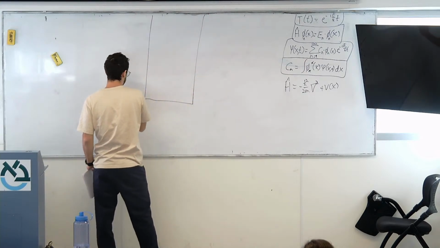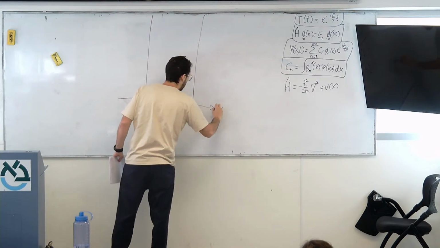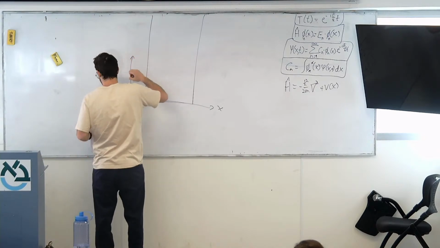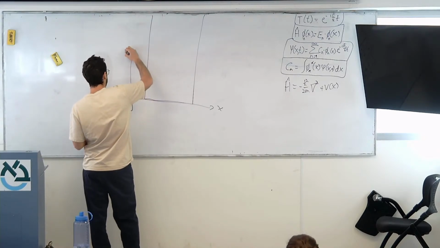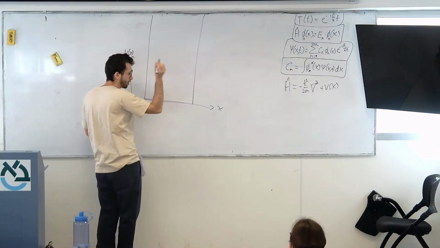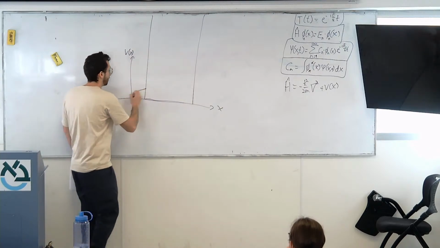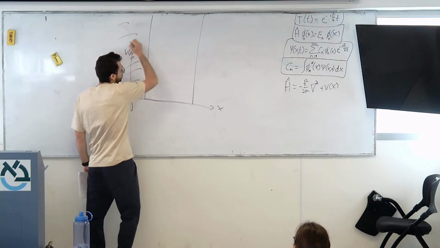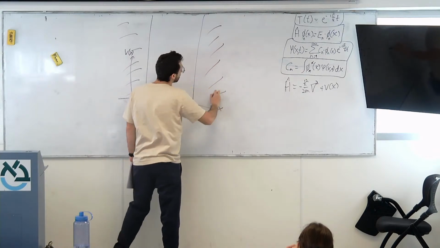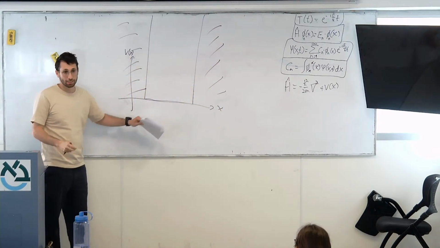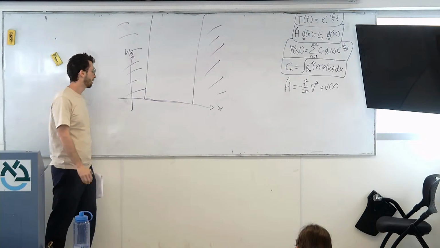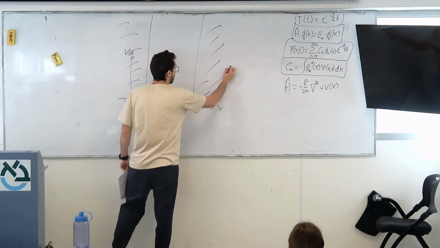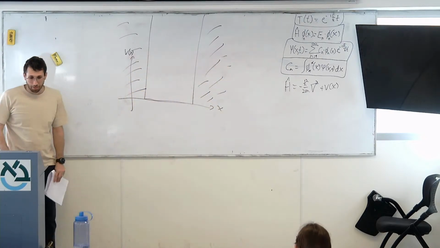We have here some function of x, let's do V of x, and somewhere between 2 points we get 0 or some constant over some specific finite length, and infinite everywhere else.